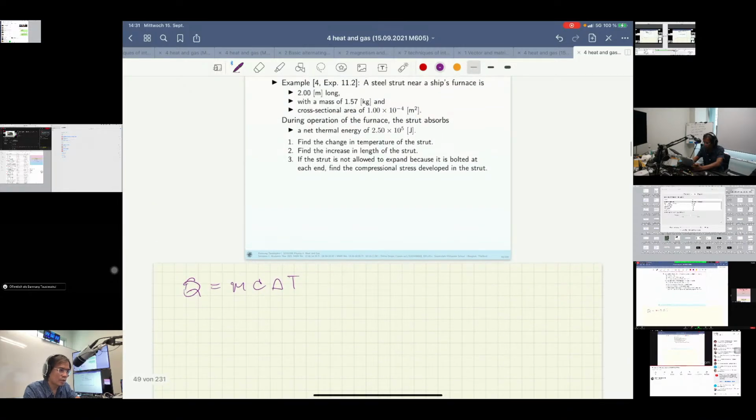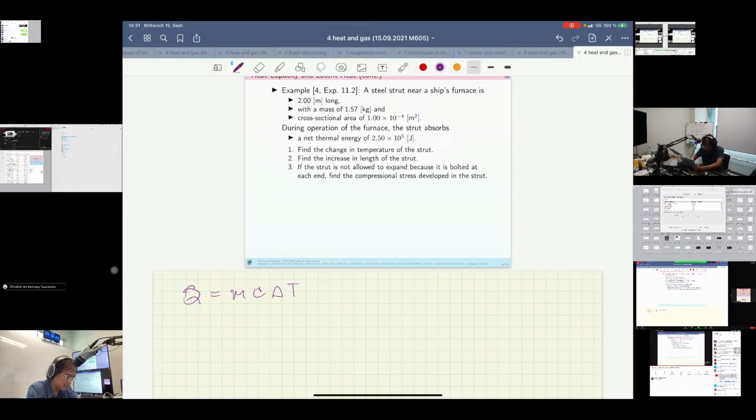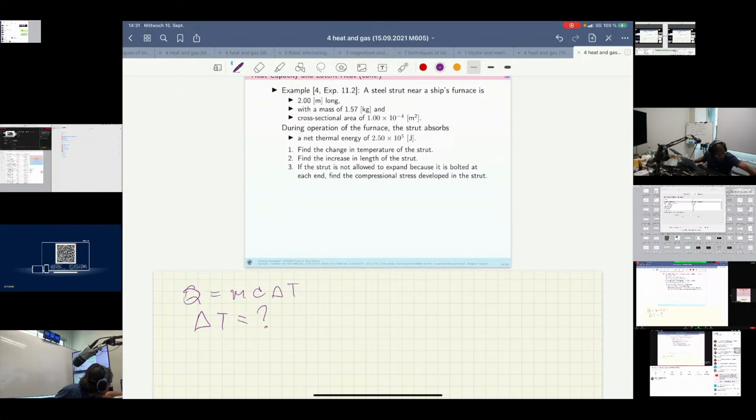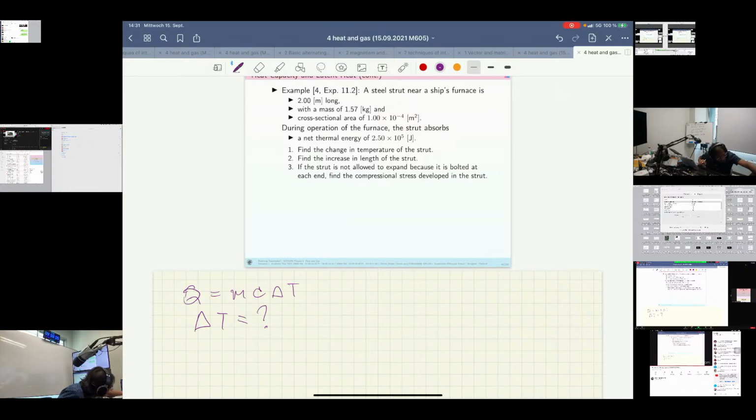And we want to find the change in temperature, so it's going to be delta T.